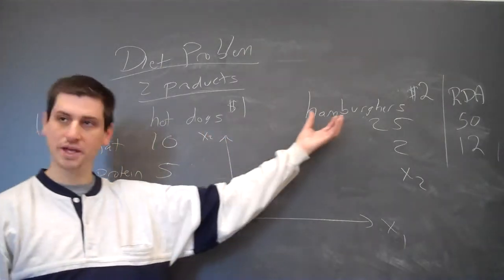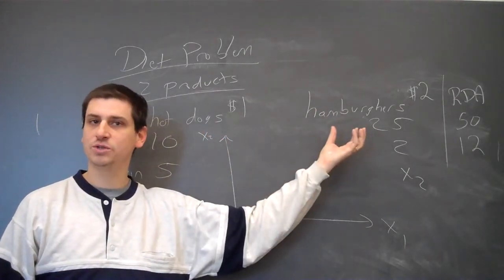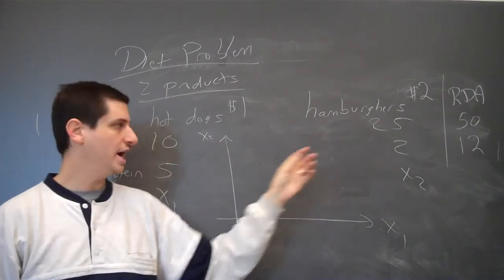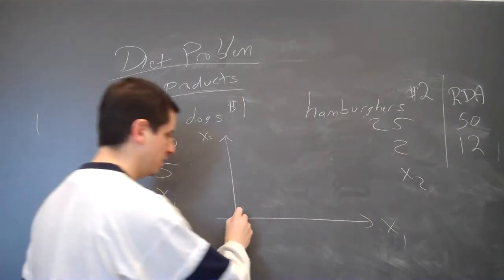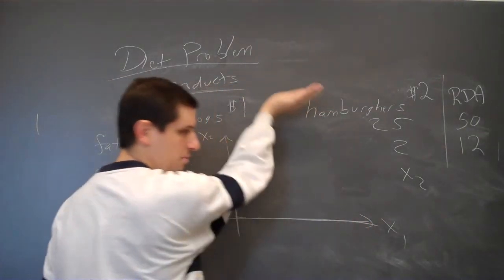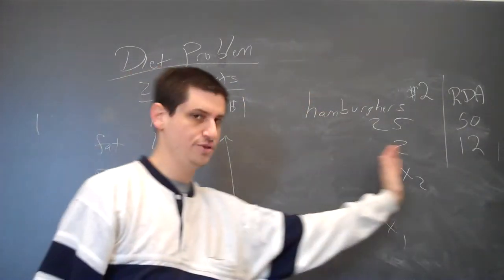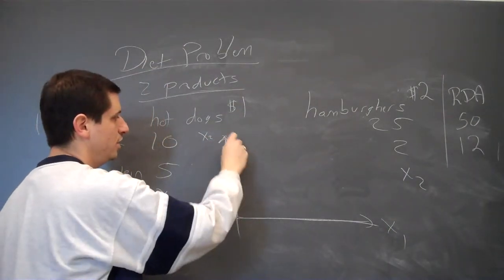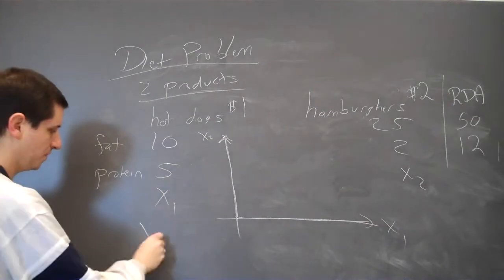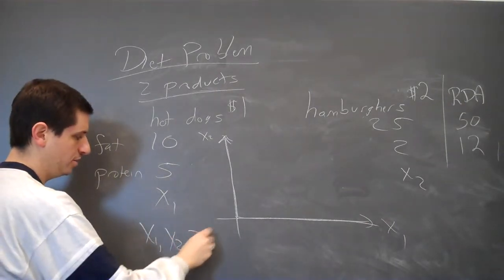My feasible space is all points in the x1, x2 upper right quadrant. And now I have a bunch of constraints. The first one is x1 is non-negative, the second is x2 is non-negative. So that means I'm in this region here. Those are my first two constraints: x1, x2 greater than or equal to 0.